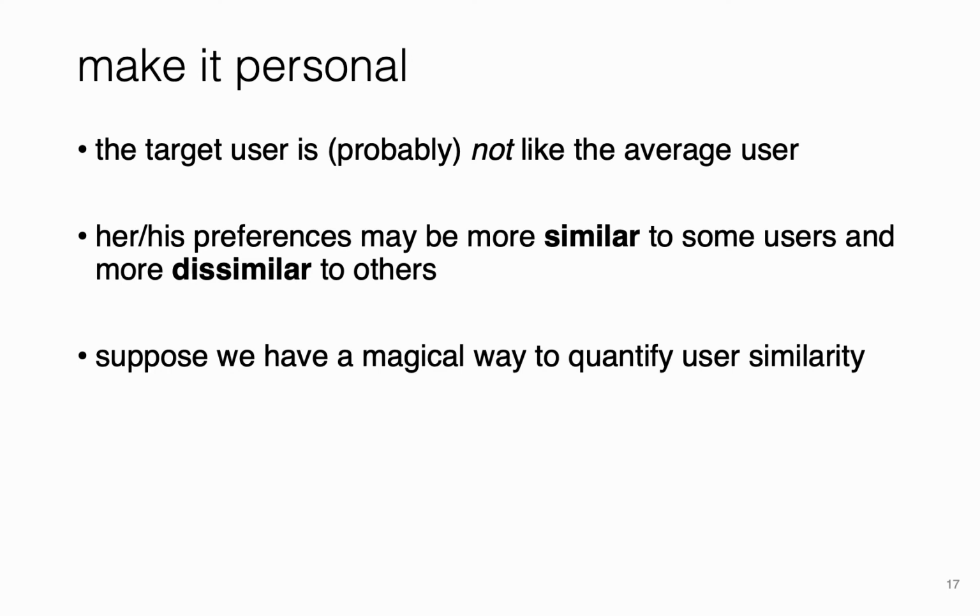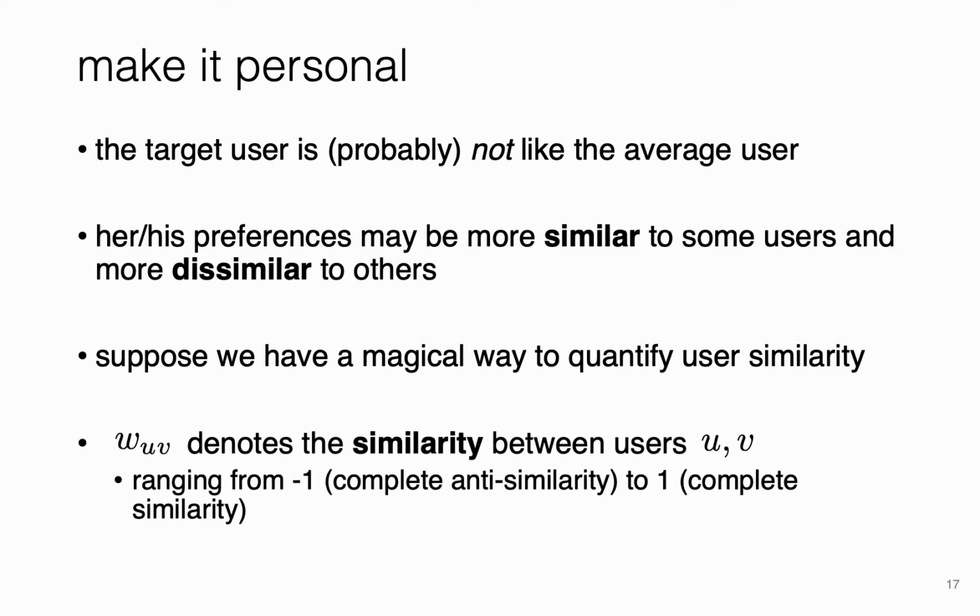Assume we have a magical way of quantifying users' similarity. Specifically, we know a weight W that expresses the similarity between users U and V. For the time being, let's not focus on how we know such weights.